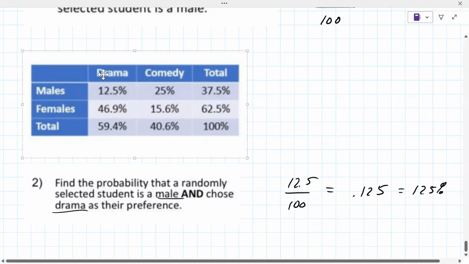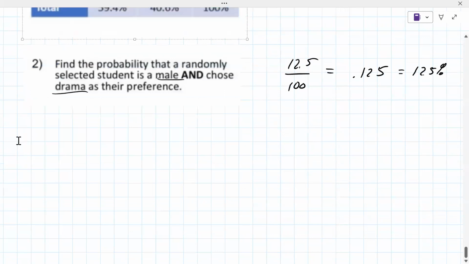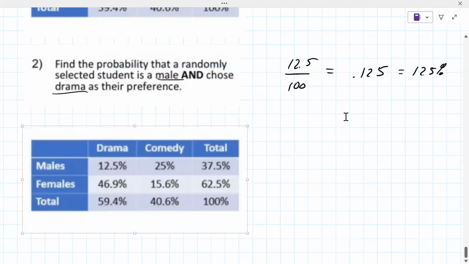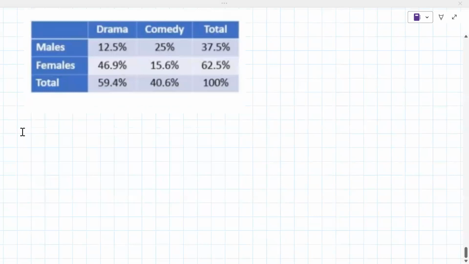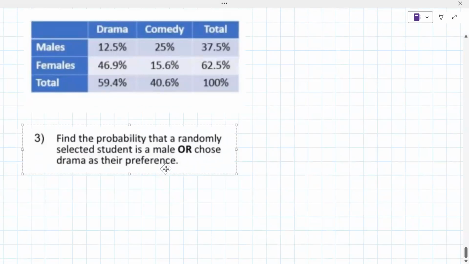The or, which we'll do next, is where they're added, and you don't want to double count. So you just count the ones up until you've fully satisfied everything. Male or chose drama.